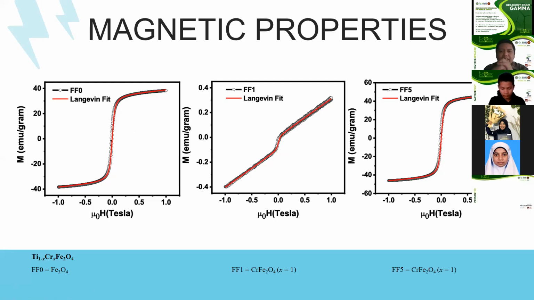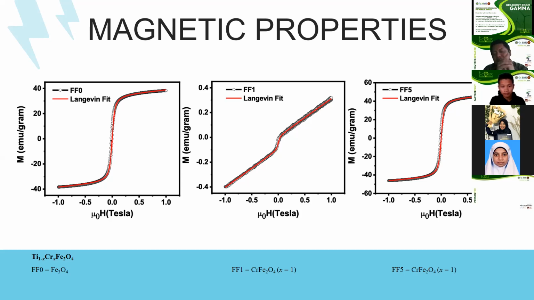Interestingly, in the second data, the middle picture, we can see the magnetization drop from about 40 emu per gram to less than 1 emu per gram. Why is it like this? We know that chromium has a smaller magnetic moment compared to iron 2 plus or iron 3 plus.